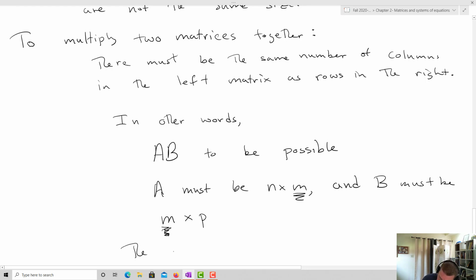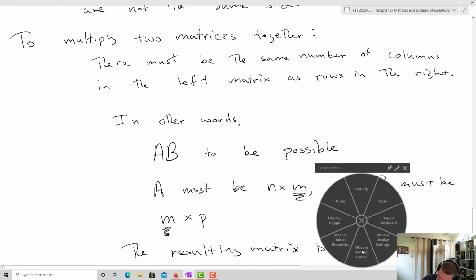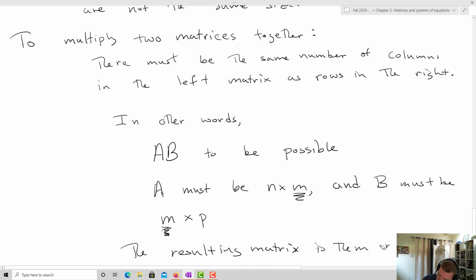The resulting matrix is then going to be n by p.